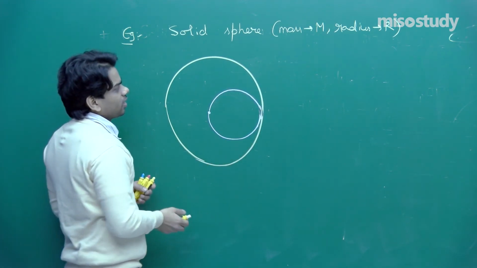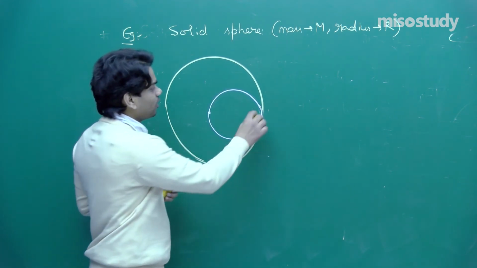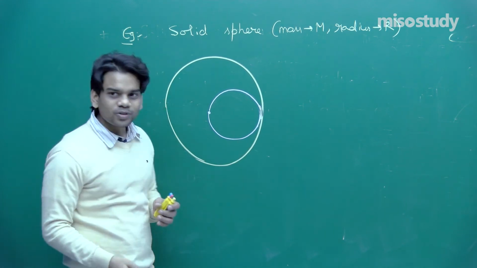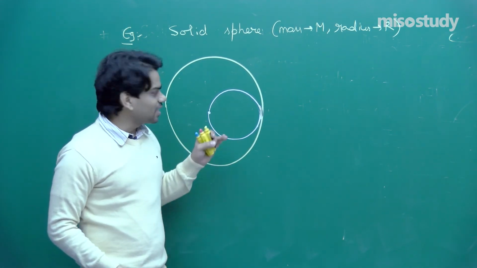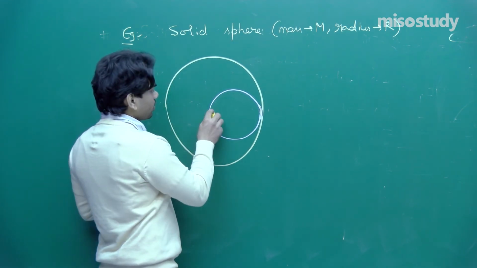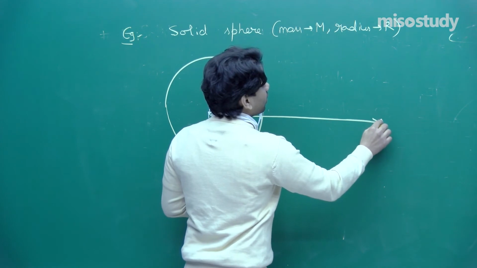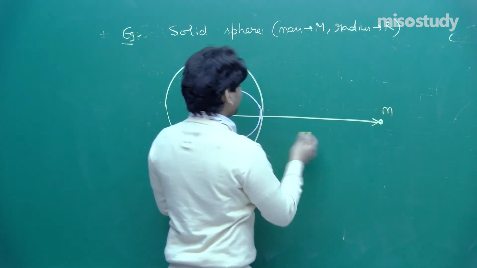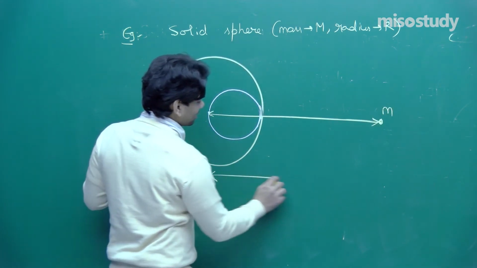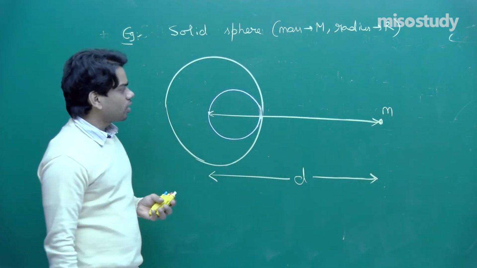The leftover portion will be this, and we are required to find the force due to this entire arrangement on a particle whose mass is small m, kept at a distance d from the center of the solid sphere.